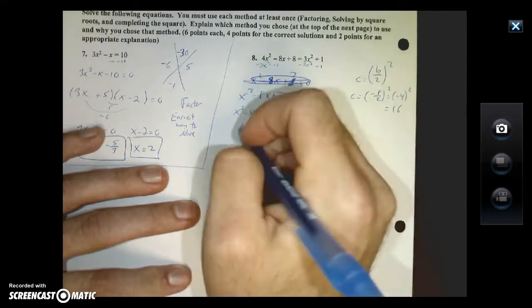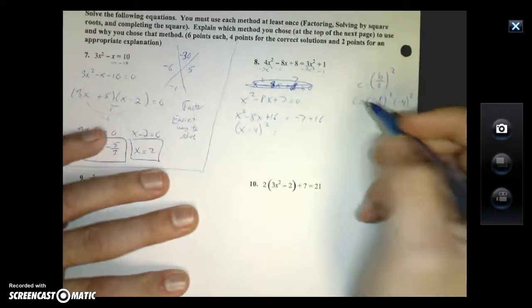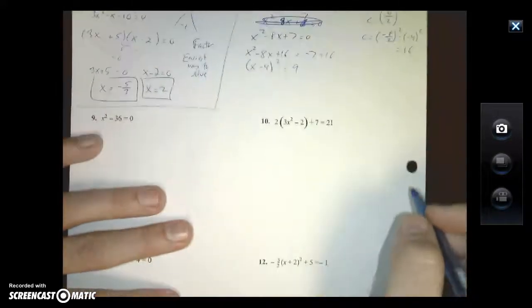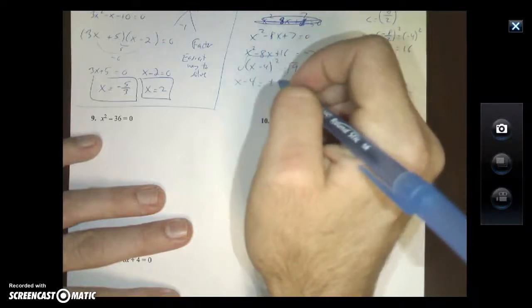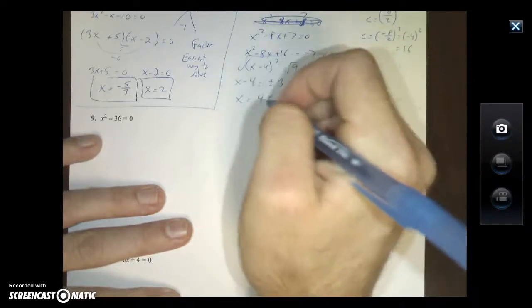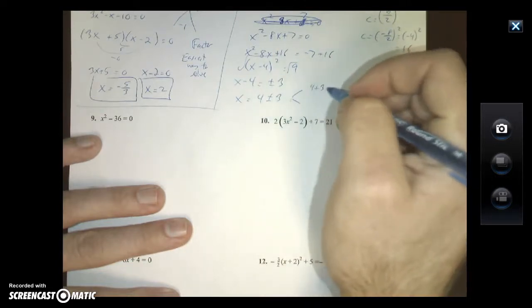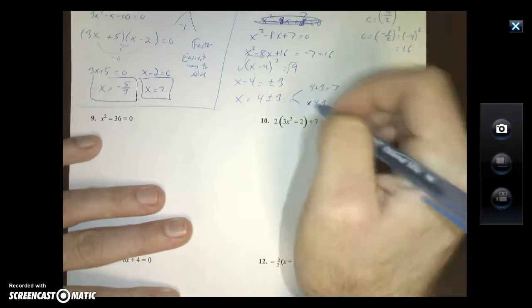Okay, over here I get x minus 4 squared. Negative 7 plus 16 gives me 9. Square root left, square root right. And then add a 4 over. So, 4 plus 3 is 7. 4 minus 3 is 1.